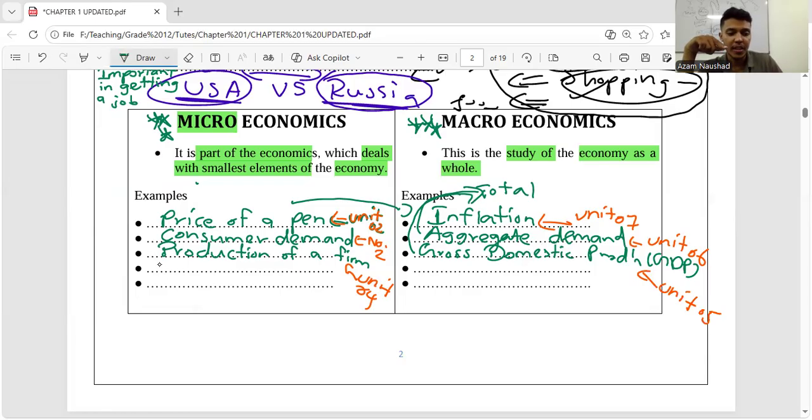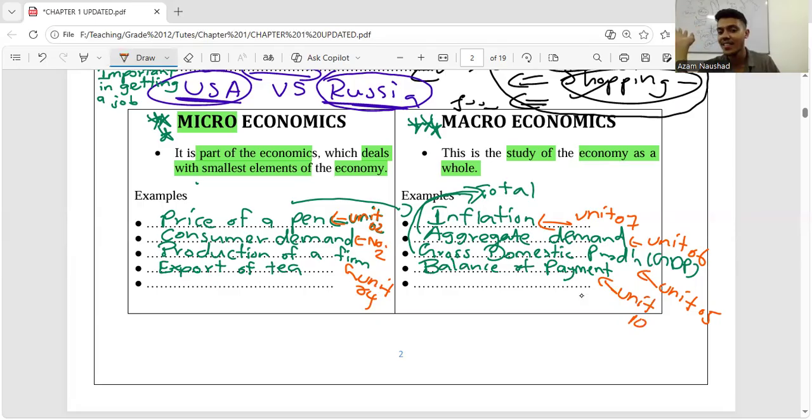Right. Here you can write it under micro, export of tea. You are exporting tea. Did I consider the entire exports in Sri Lanka? Nope. I just took a single product. So it's micro, no doubt in it. Here, write it as balance of payment, and mark it as unit number 10.